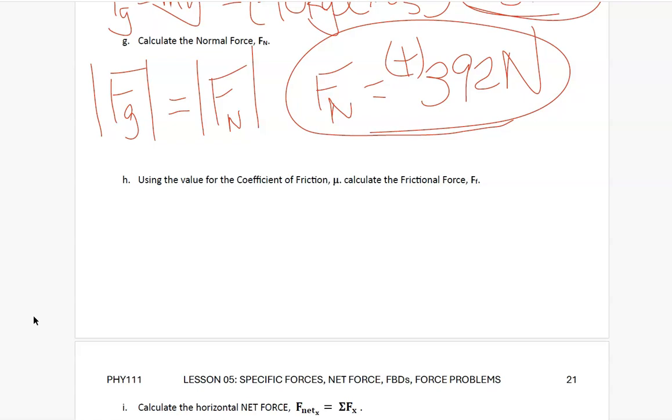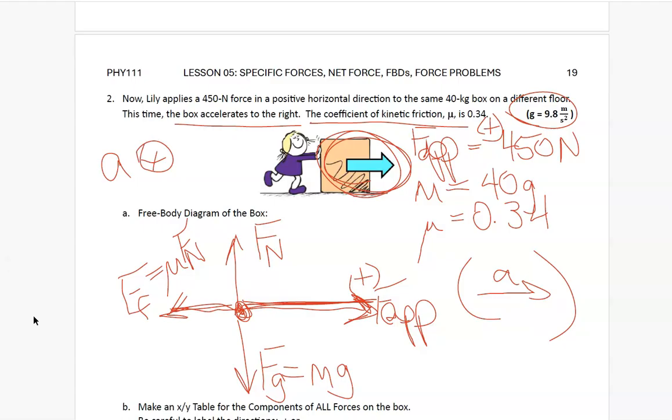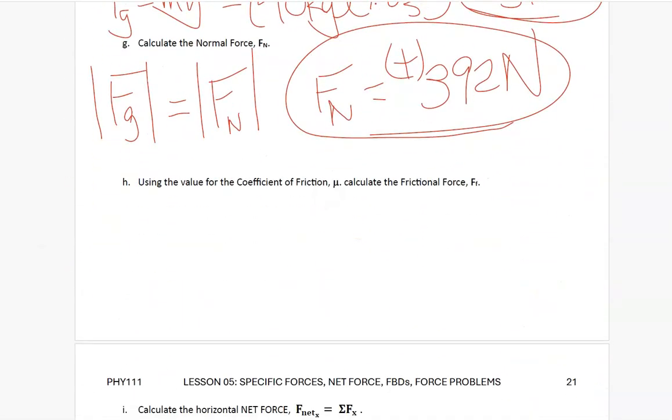Using the value for the coefficient of friction, which we know, if we scroll back, we see the coefficient of friction is 0.34. Calculate the frictional force. Well, the frictional force is mu times the normal force.